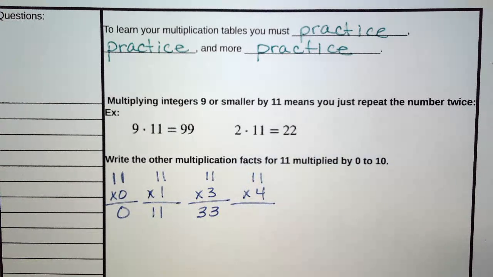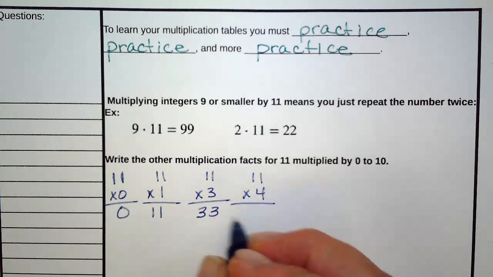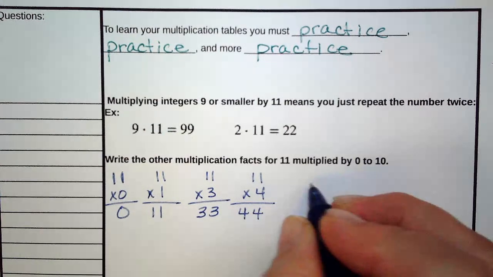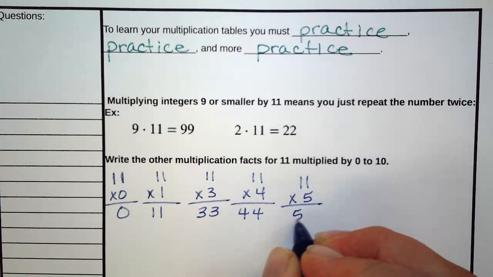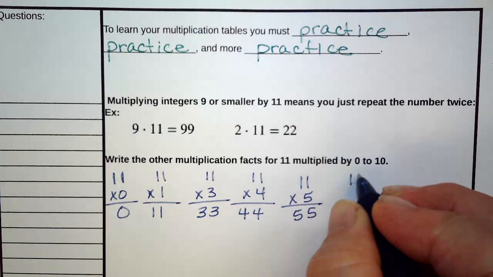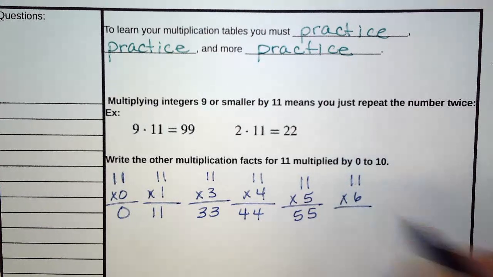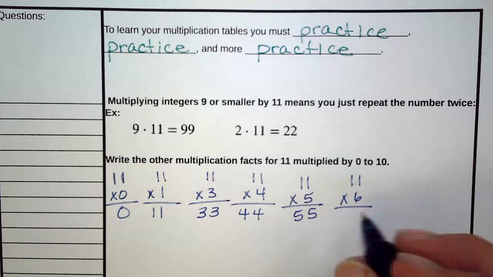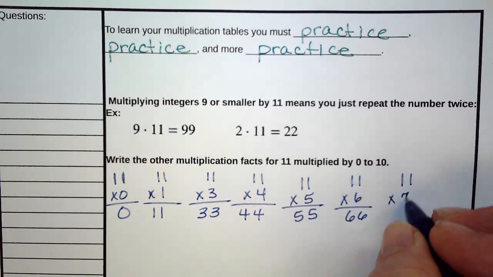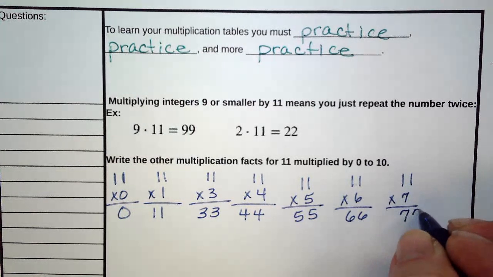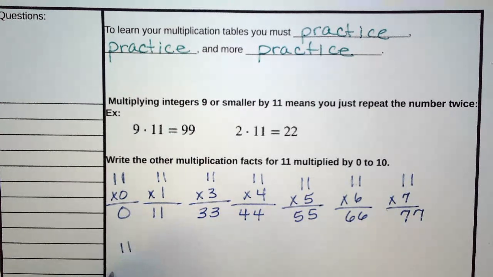Okay, if you didn't get the last one, let's guess on this one. 11 times 4, 44. 11 times 5, 55. 11 times 6, 66. 11 times 7, 77. 11 times 8, 88.